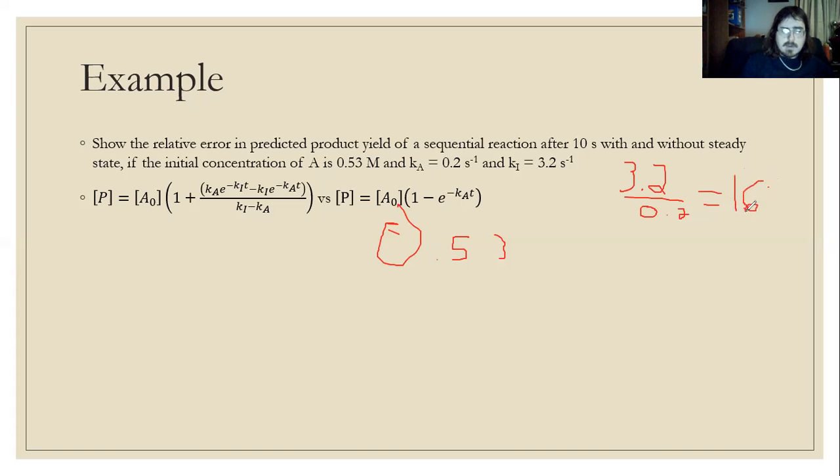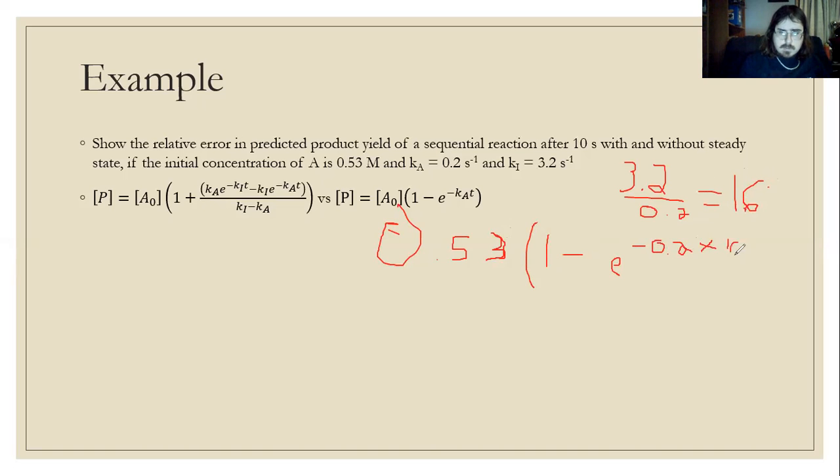So not quite 20. Let's see how much error this actually occurs. So steady state approximation: 0.53 times 1 minus E to the negative 0.2 times 10.